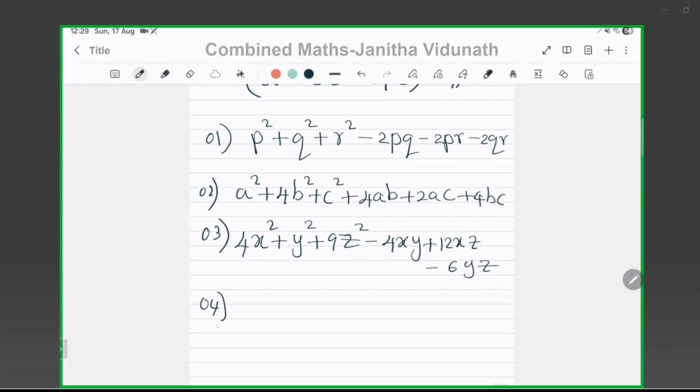Fourth one is 16p square plus 4q square plus 9r square minus 16pq plus 24pr minus 12qr. Okay. Do these four questions and send me the answers within 5 minutes.